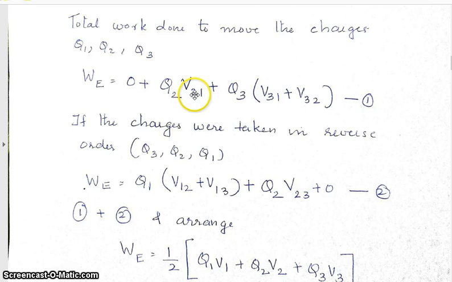Here also you can see Q3 along with V3 as the first subscript, so Q3 V3. Similarly for Q1, the first subscript of V is 1, so Q1 V1.